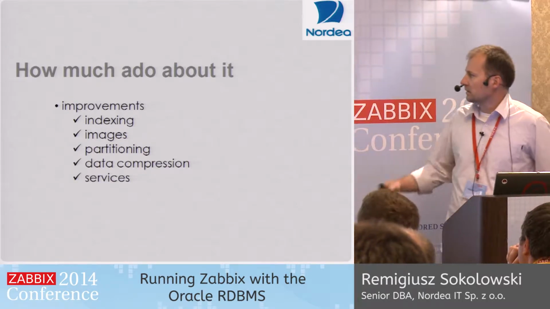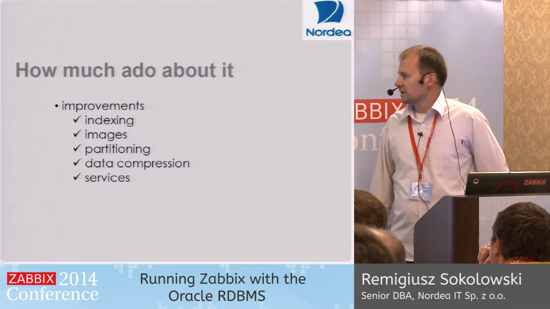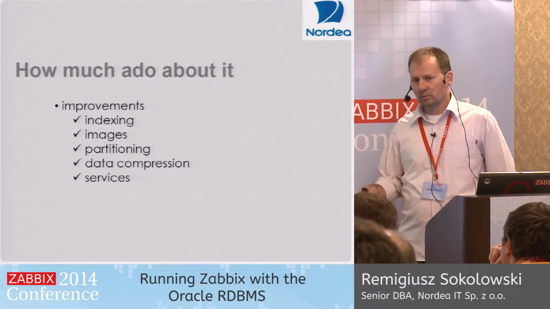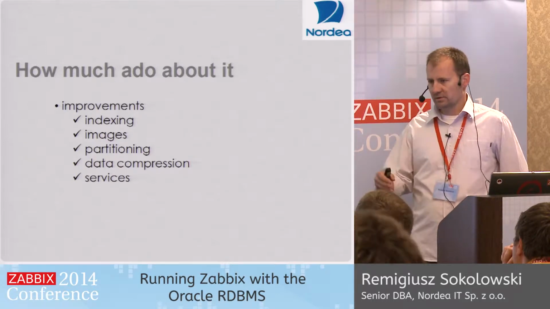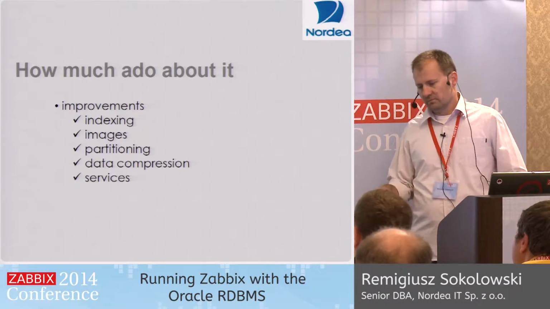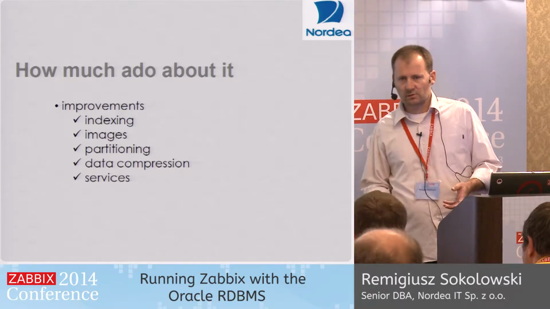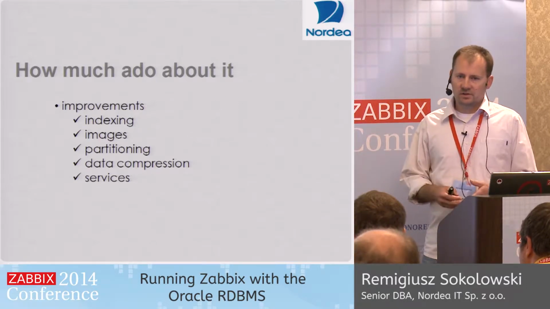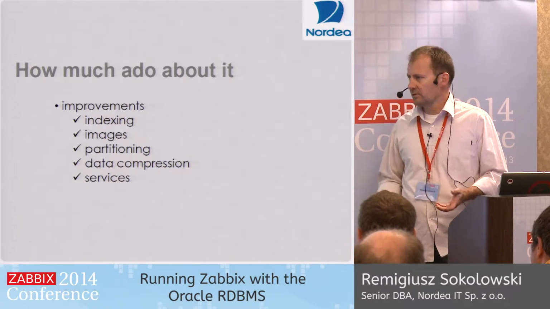In the case of improvements, a little about indexing, which at the moment has more historical meaning, because in version 2.2 there is also the same configuration of indexing, so our changes are what is provided with Zabbix off the shelf.